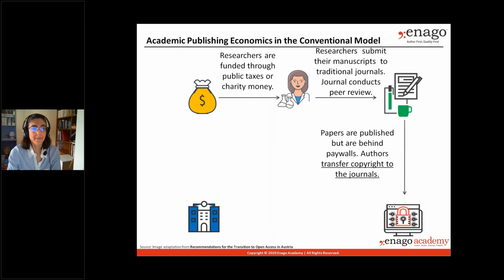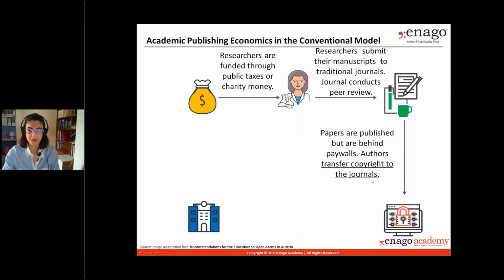So let's look at some of the economical aspects of the conventional model. Researchers are funded through public tax money or charity money, and they submit their manuscripts to traditional journals. Journals conduct peer review. Papers are published but are behind paywalls.